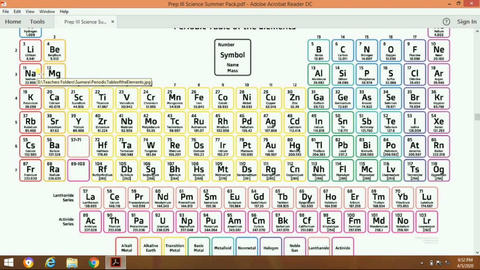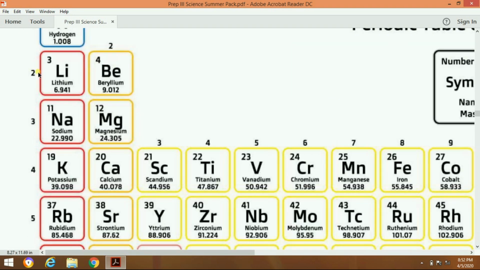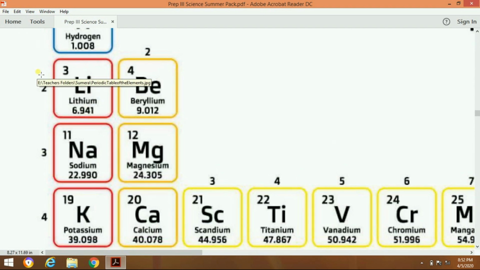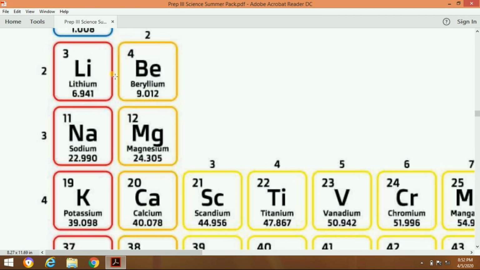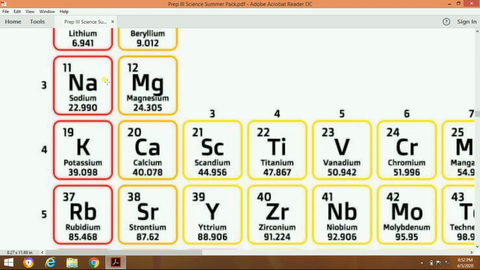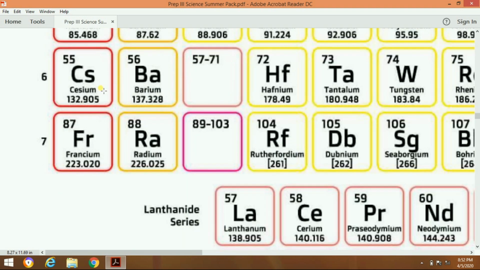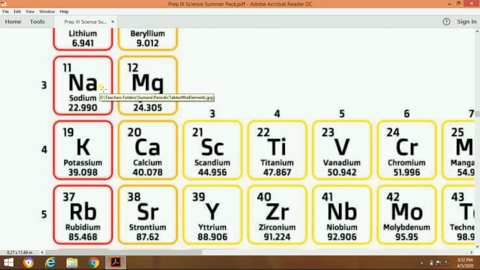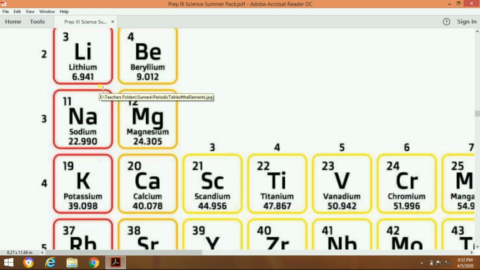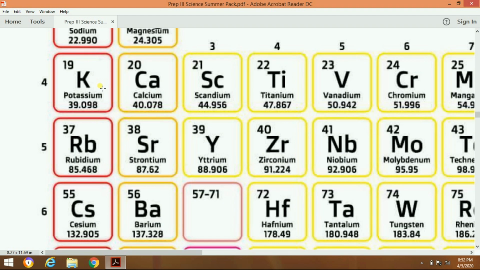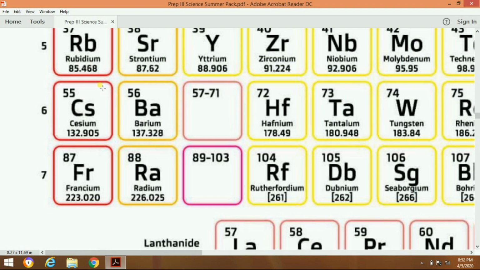Now we will start with group 1A. Hope it is clear to you. It starts with lithium, then sodium, potassium, rubidium, cesium, francium.